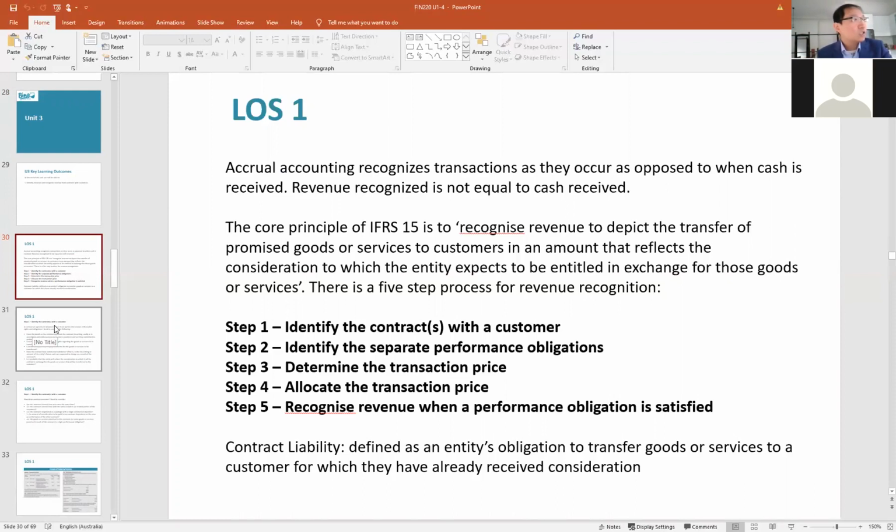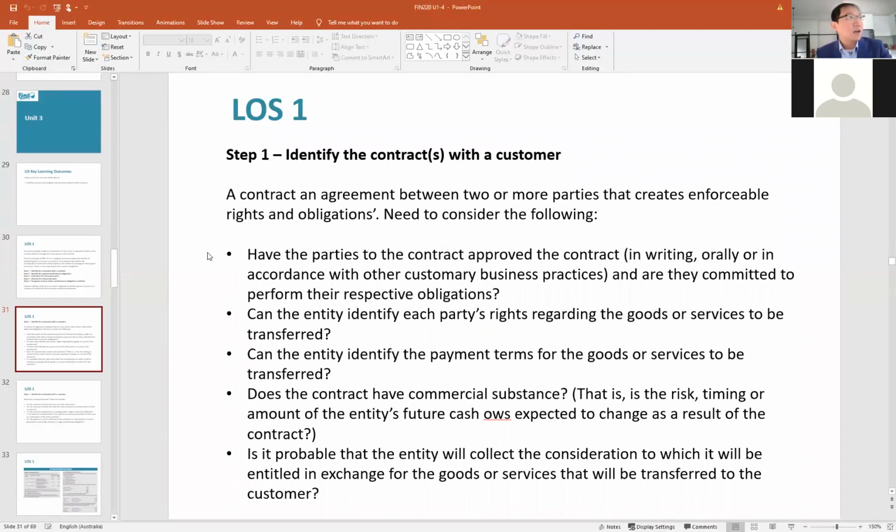So with respect to these 5 steps, the first step is to identify the contract with a customer. This is really an area where you don't have to worry too much because there's going to be a customer. Otherwise, you're not going to be recognizing revenue.